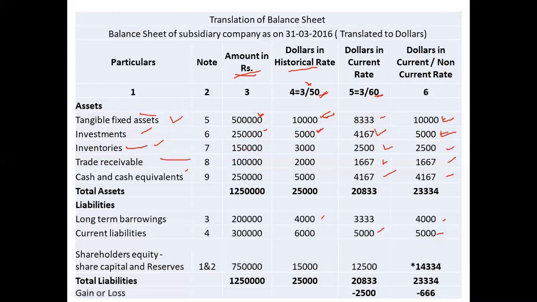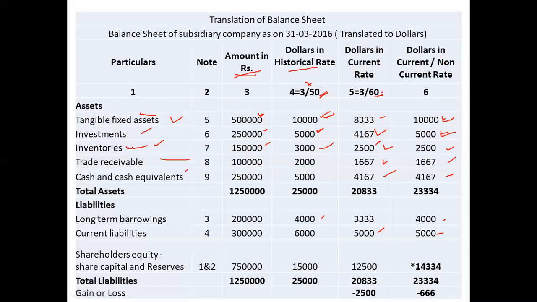Next, inventories, 1,50,000. 1,50,000 divided by 50 is $3,000 at the historical rate. At the current rate, 1,50,000 divided by 60 is 2,500.